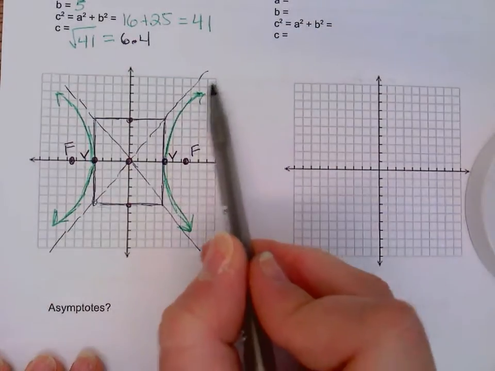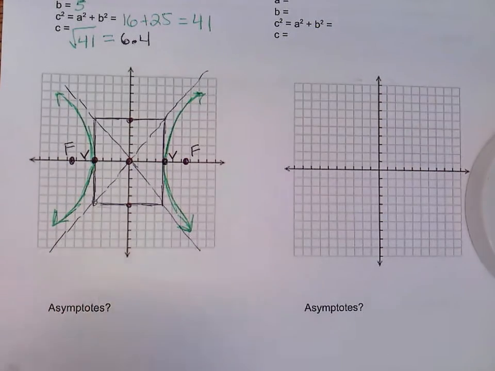So the hyperbola opens around its focal points, or foci. And you can kind of see that the C value has to be the biggest this time, right? Because this is C, this is A, and this is B. So C is going to be the longest point this time. So in the Pythagorean identity, C squared is the biggest.